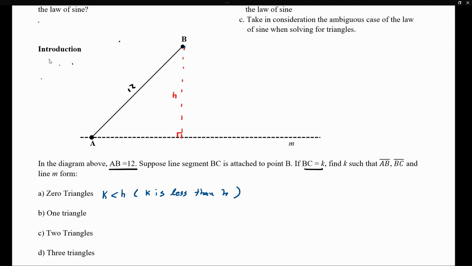We can create one triangle if this line segment BC is exactly the height of the triangle. So we can have a situation where this line segment K is equal to the height, then we can definitely define one triangle.